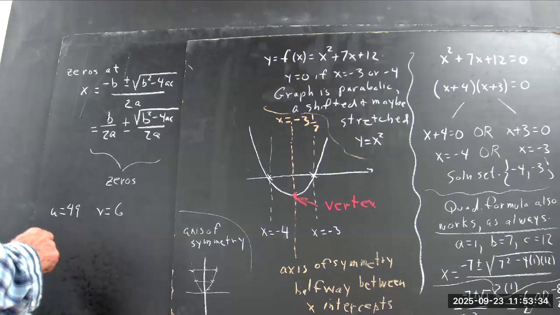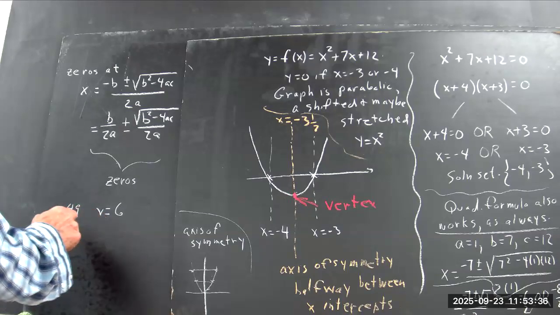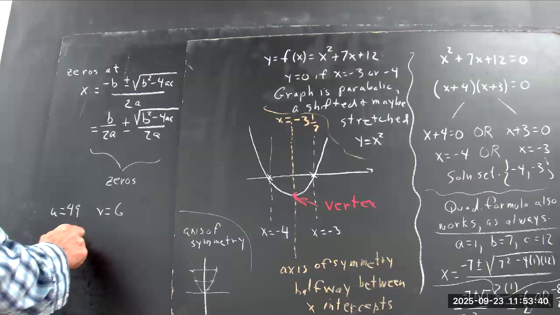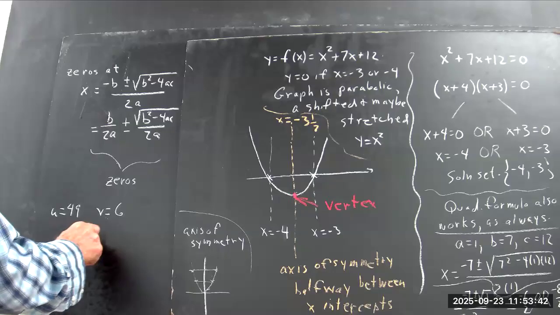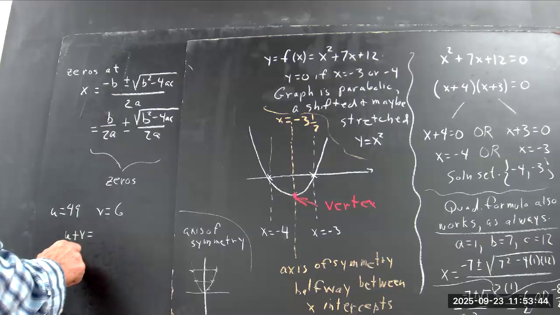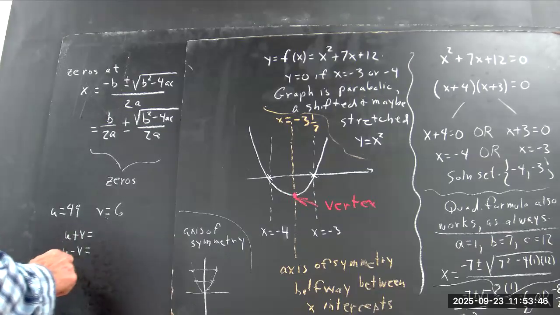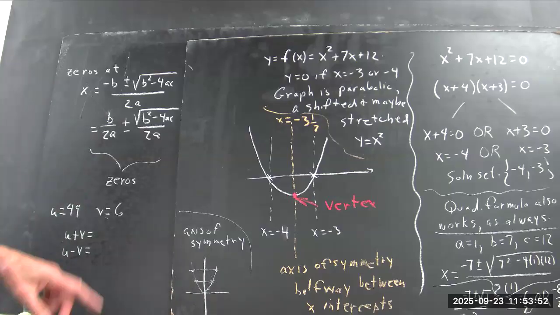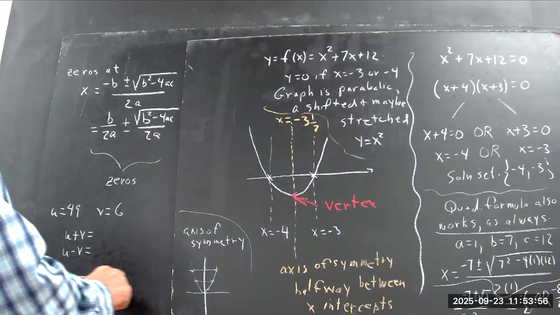Okay. What do I get if I add these two numbers? What do I get if I add V to U? What do I get if I subtract V from U? So do that. U plus V equals what? U minus V equals what?